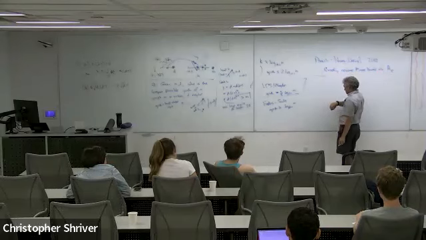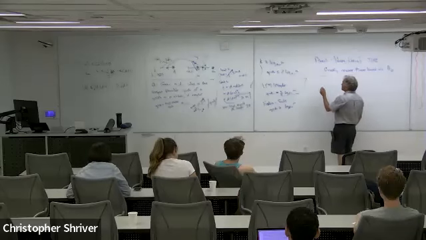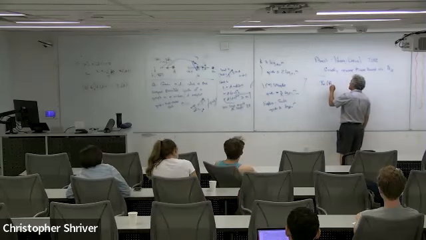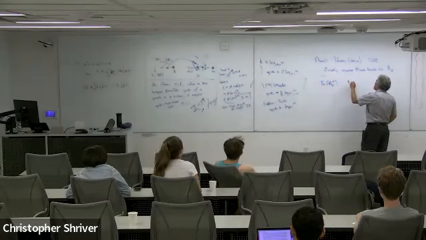Let's, maybe I'll just spend the whole 15 minutes on this. So let's look at the trace of A sub G to the k and say that k is even.